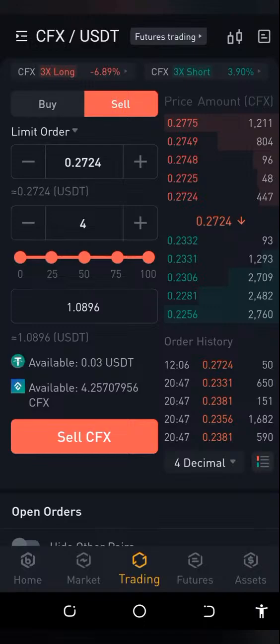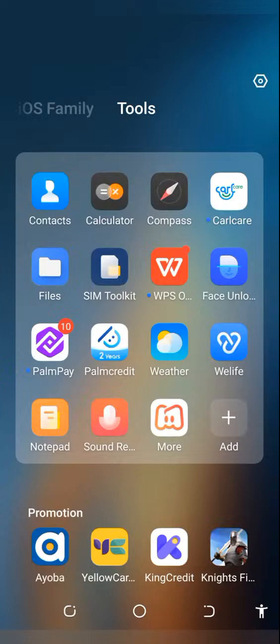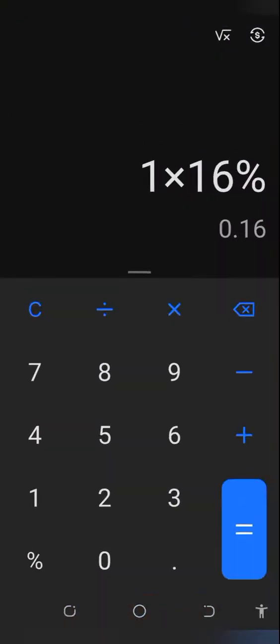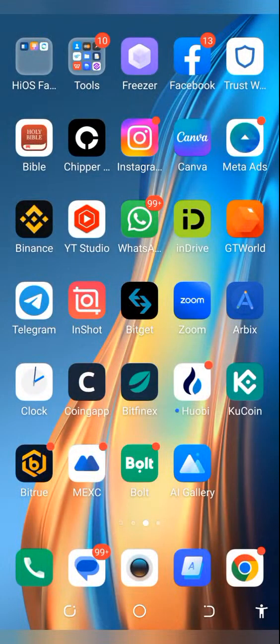$1.08 is good because if I calculate it, that's 1 times 16%. Yeah, that's it. Well, what's that actually? Oh, this is supposed to be $1.16. Okay, but it's giving us less. Don't forget that it took a little bit out of the transfer fees.